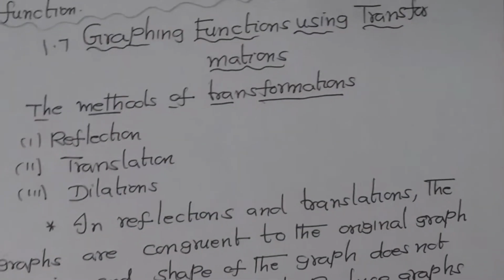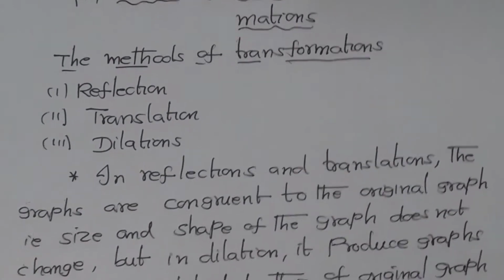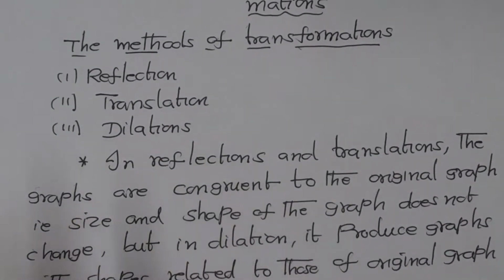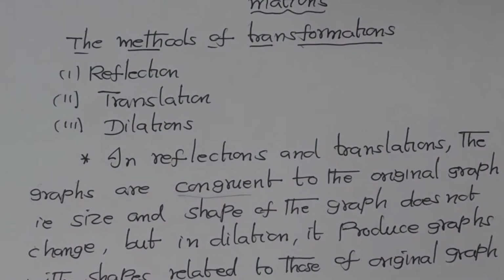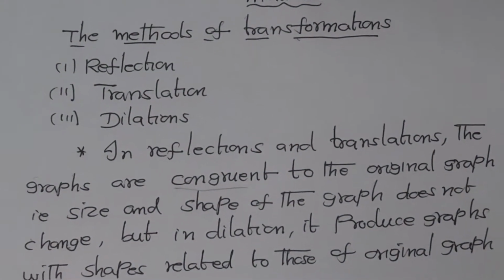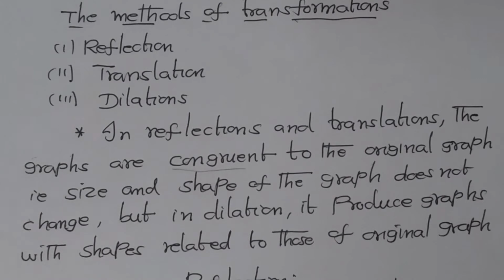But what happens is, in the reflections and translations, the graphs are congruent to the original graph. What is the meaning of congruent? Same shape, same size. Congruent means same shape, same size. This word is important. Original graph means whatever the given graph. Congruent to the original graph in size and shape.